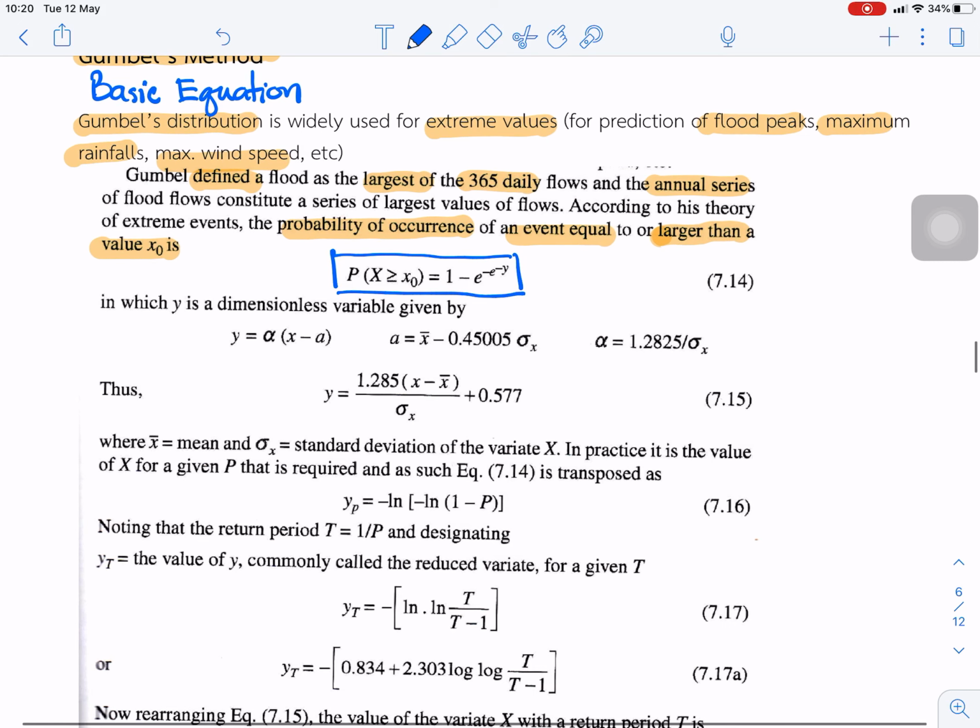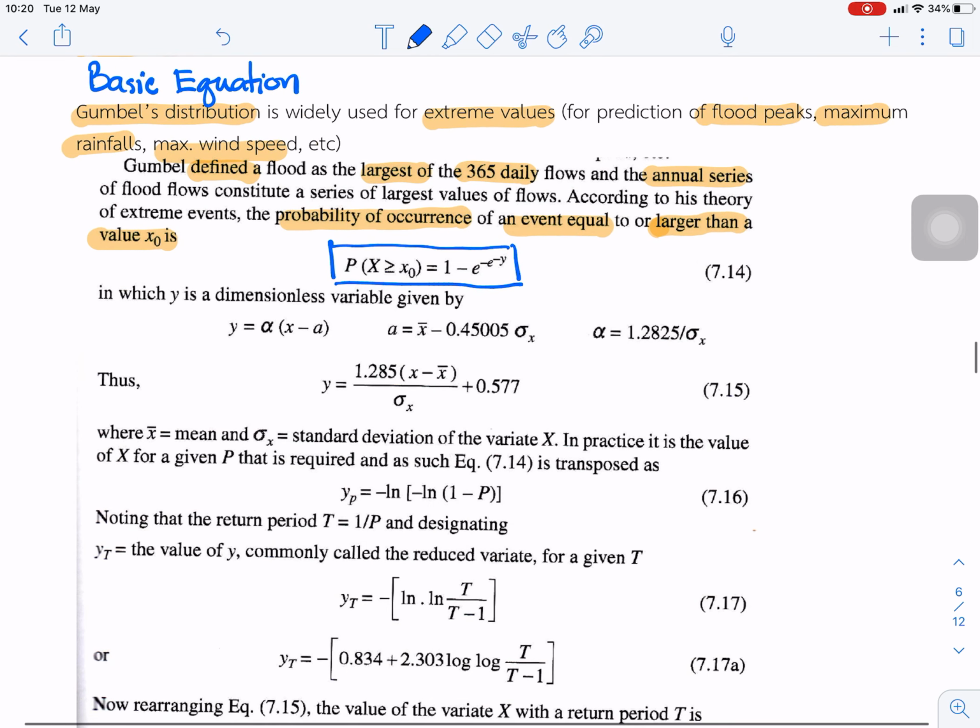This is the basic equation for the Gumbel distribution, and x is connected to y, which is a dimensionless variable related to x and x bar.